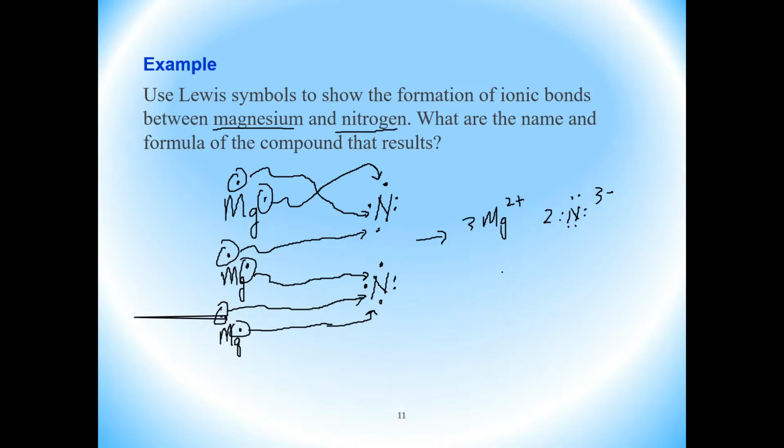So to answer the next question, what are the name and the formula of the compound that results? Well, the formula is Mg3N2, and the name of this compound is magnesium nitride. And that's basically how that is done.